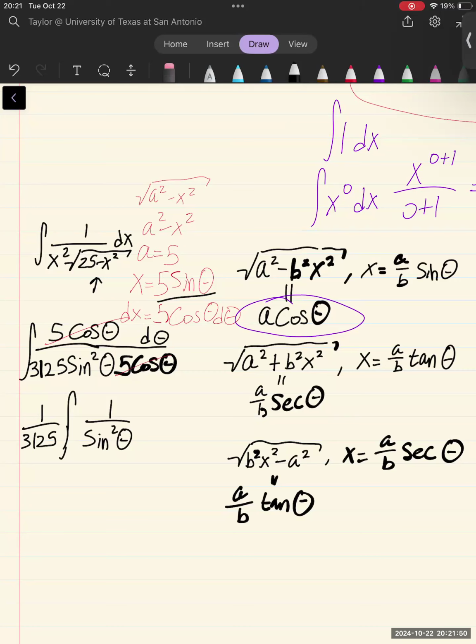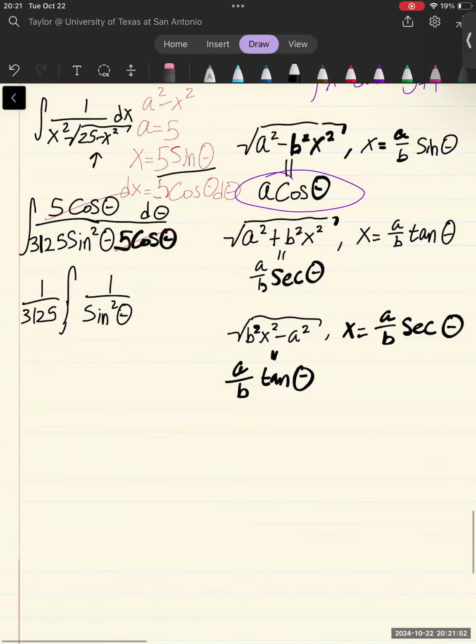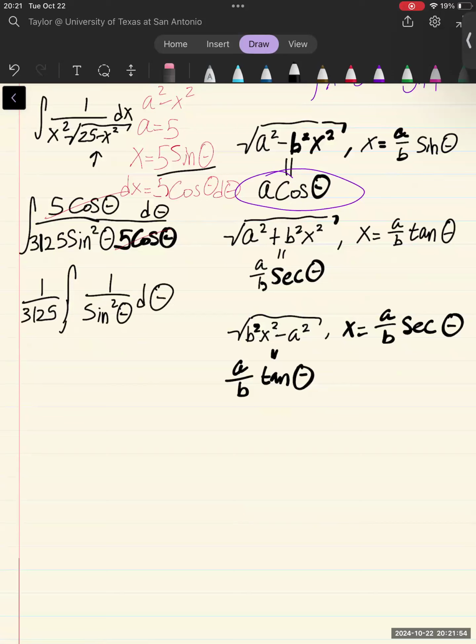Because what we're about to see is d theta, 1 over 3125. Instead of having 1 over sine squared, I'm actually just going to have cosecant squared theta, because the reciprocal of sine is cosecant. So the reciprocal of sine squared is cosecant squared.